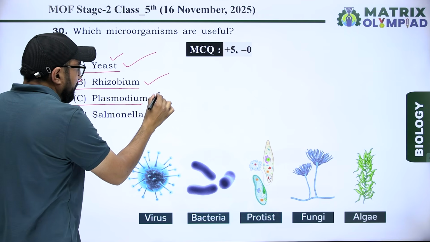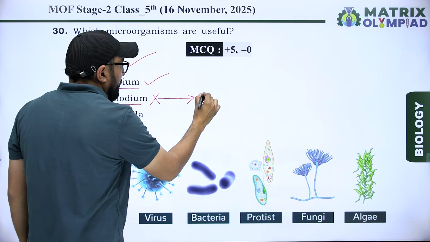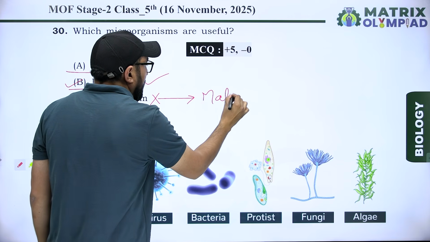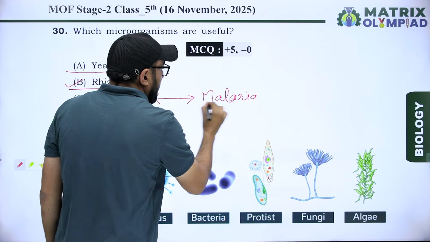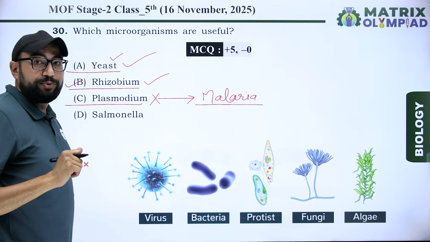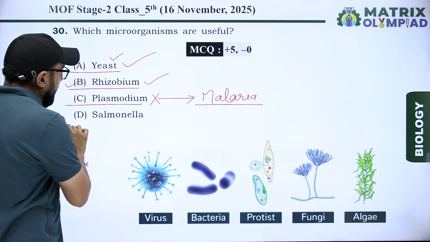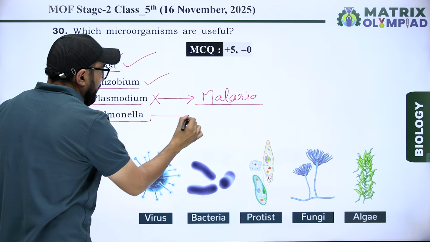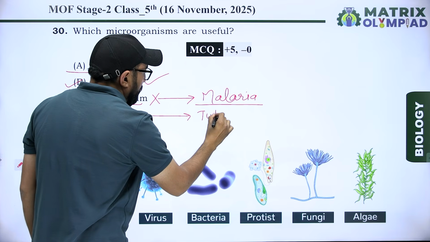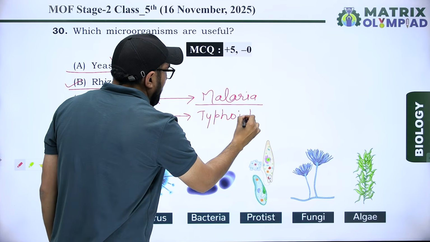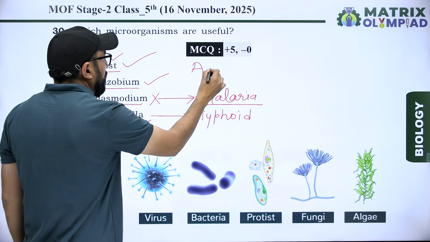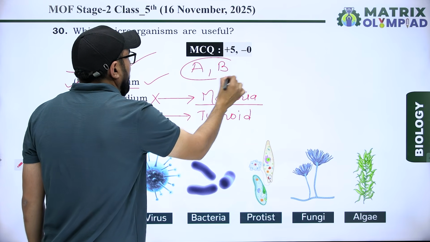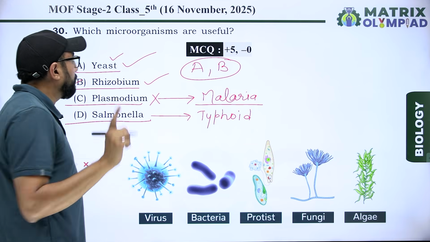Plasmodium spreads disease like malaria, transferred by female Anopheles mosquito. Next, Salmonella typhi spreads typhoid. So, option A and option B are right for this multiple choice question.